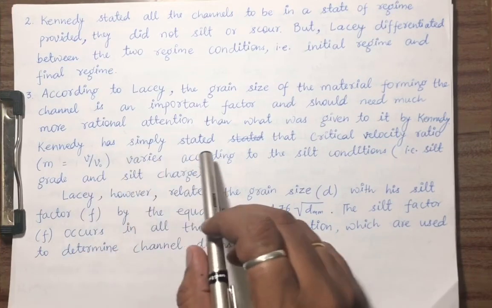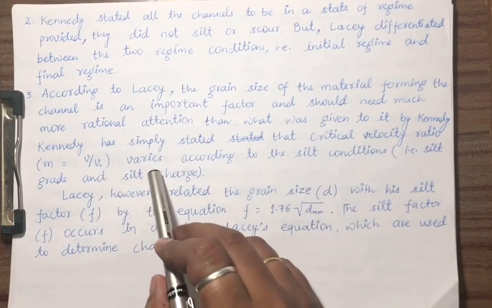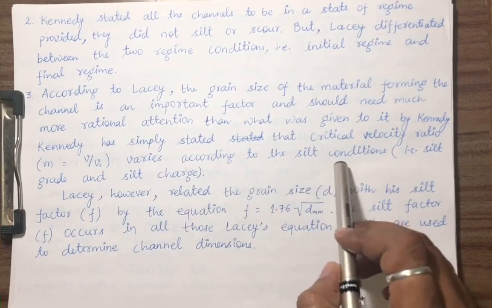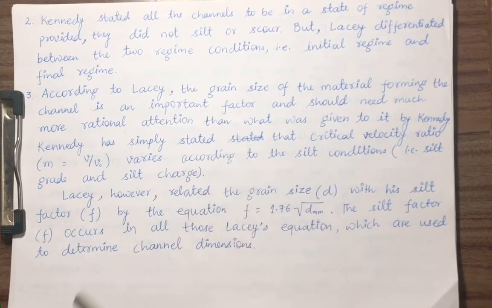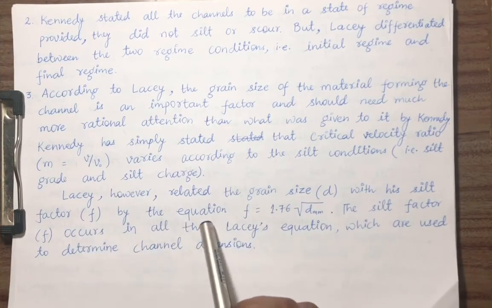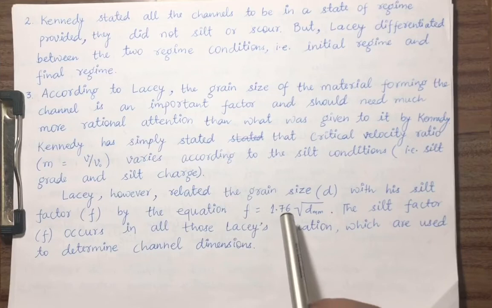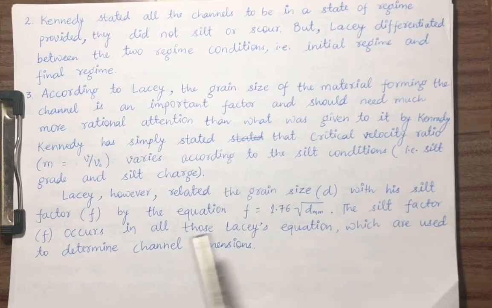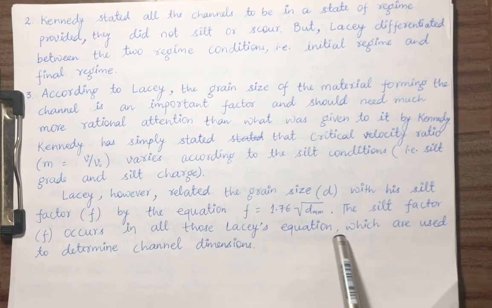Kennedy has simply stated the critical velocity ratio varies according to the silt conditions. So the Kennedy theory was not giving much importance to the silt, but Lacey related the grain size with his silt factor by the equation f is equal to 1.76 root over d in mm. The silt factor occurs in all those Lacey equations which are used to determine channel dimension.